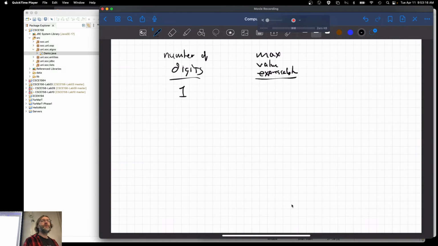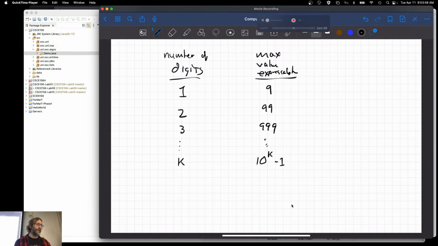What's the maximum value that you can express? 9. But what if I gave you 2 digits? 99. 3 digits? 999. Dot, dot, dot. What if I gave you k digits? See the pattern now? What is it going to be? Well, 10 to the k minus 1. Why minus 1? Because you've got to start at 0.